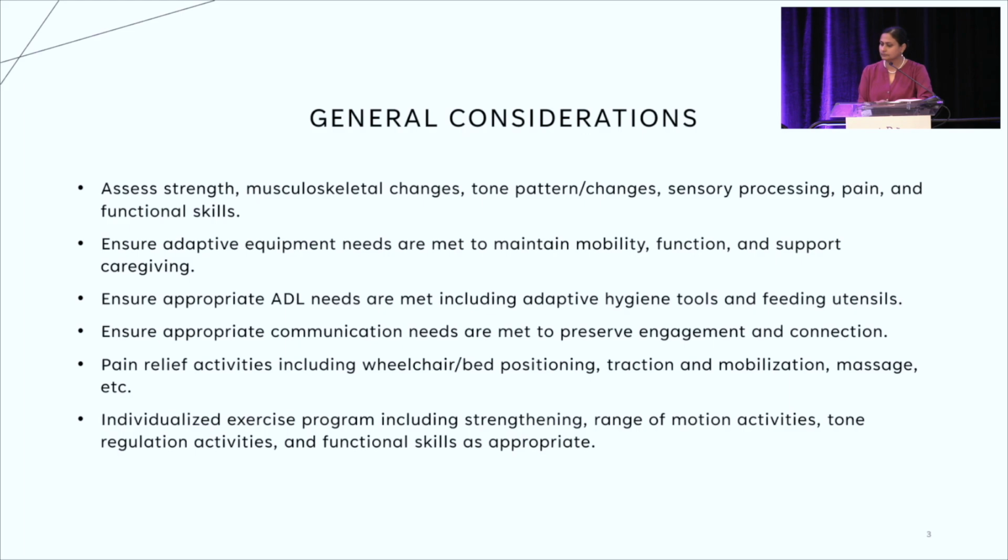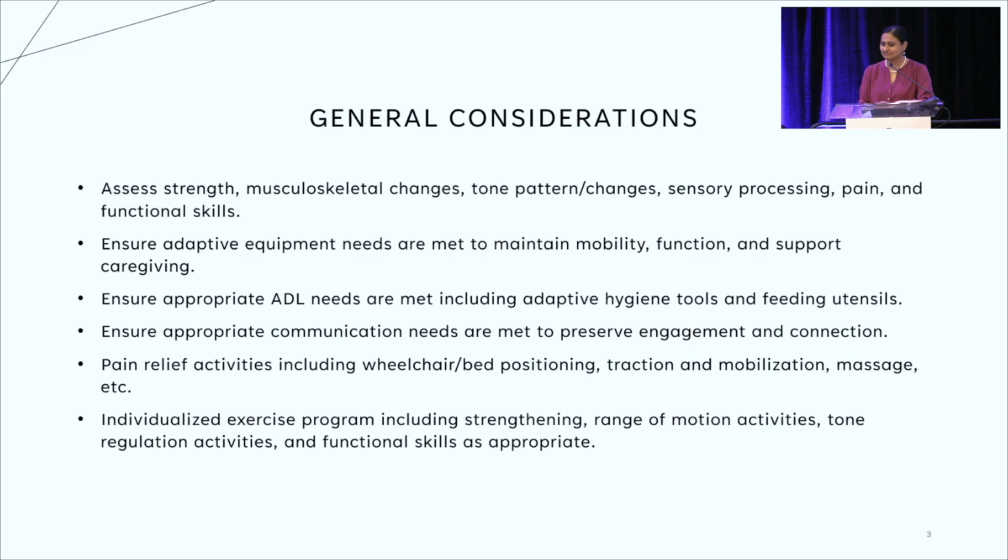And then as well as functional skills. We need to ensure that any adaptive equipment needs are met to maintain mobility, to maintain function, and also to support caregiving. And I'll give some examples. Ensure that appropriate ADL needs are met. That's activities of daily living, and that includes brushing your hair, getting dressed, brushing your teeth, those things that you need to get ready on a daily basis.